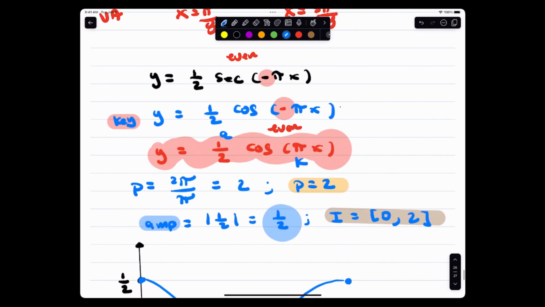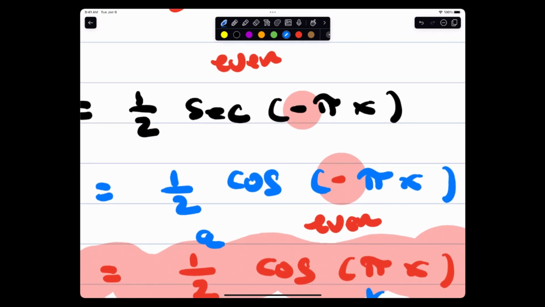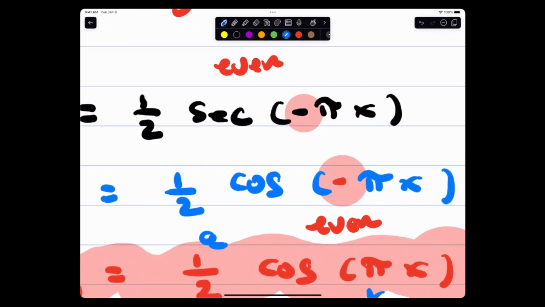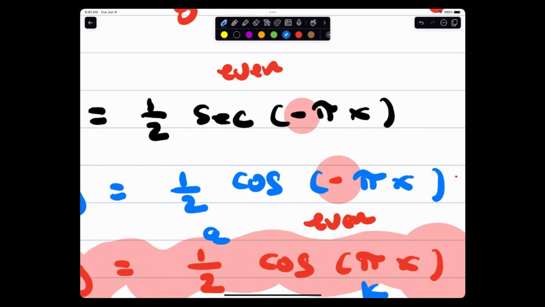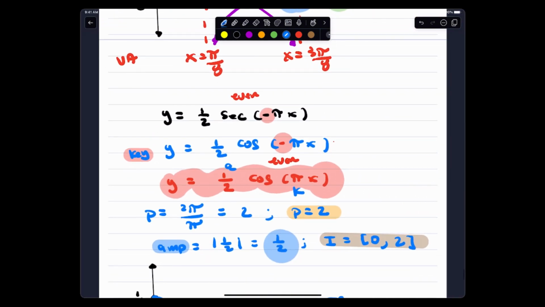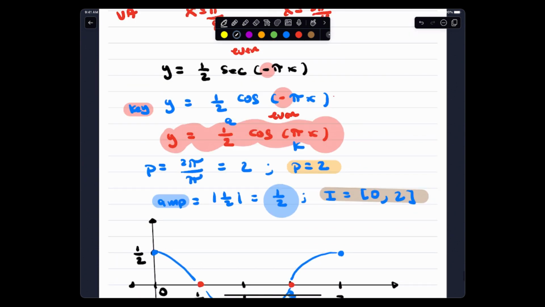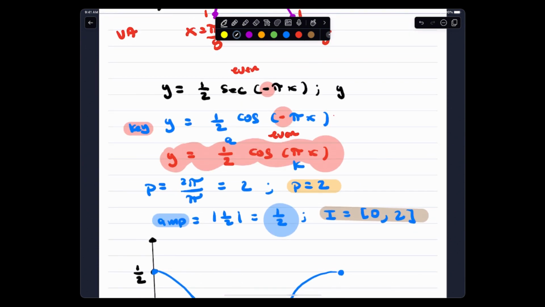But you're really sketching what? Secant. So the key was to graph cosine. Now we got to do the secant curve. Because remember, secant is even. This is 1/2 secant pi x because it's even.